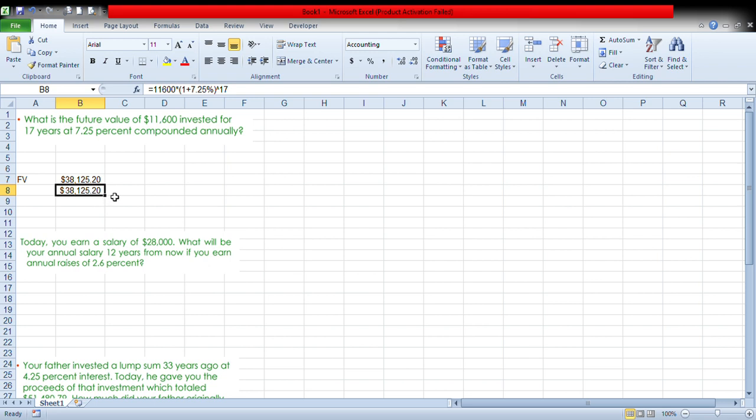What if it is written compounded semi-annually? What will you do? Compounded semi-annually means you need to multiply n by 2, so 17 times 2, and you divide the rate by 2.